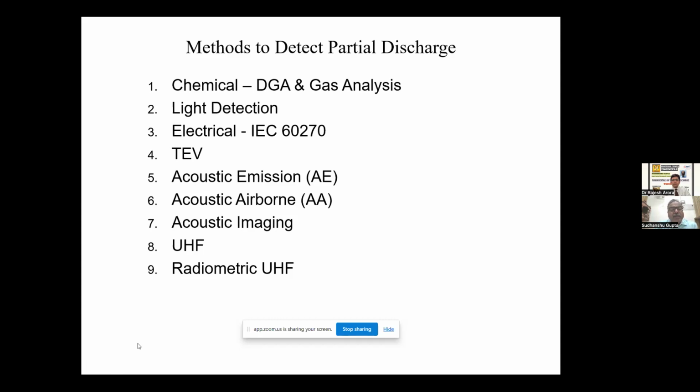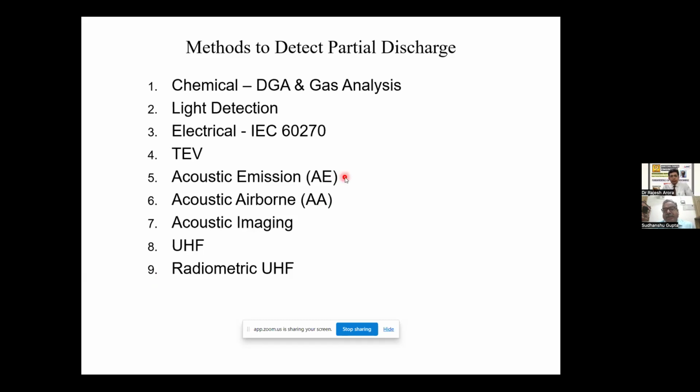Then we come to acoustic emission, which is again a popular test, and mostly it's used as a tool to locate the partial discharge. About acoustic emission, I wanted to highlight one fact: many people have thought that with the help of acoustic emission they can detect the defects in the insulation also, which is not true.